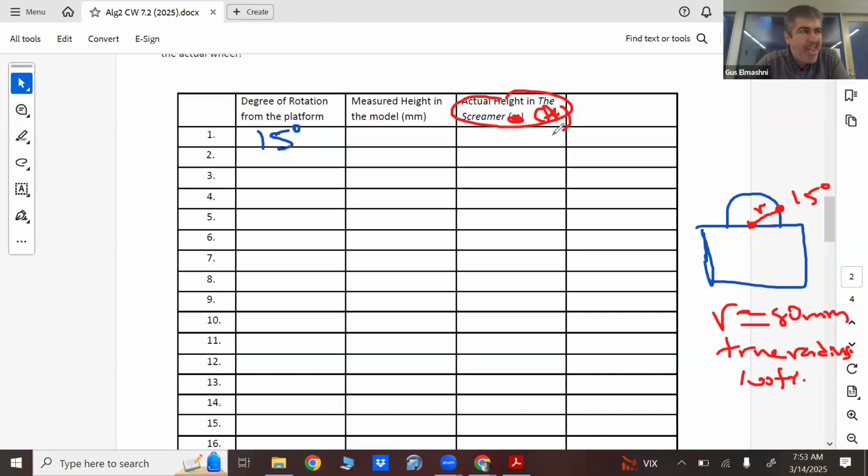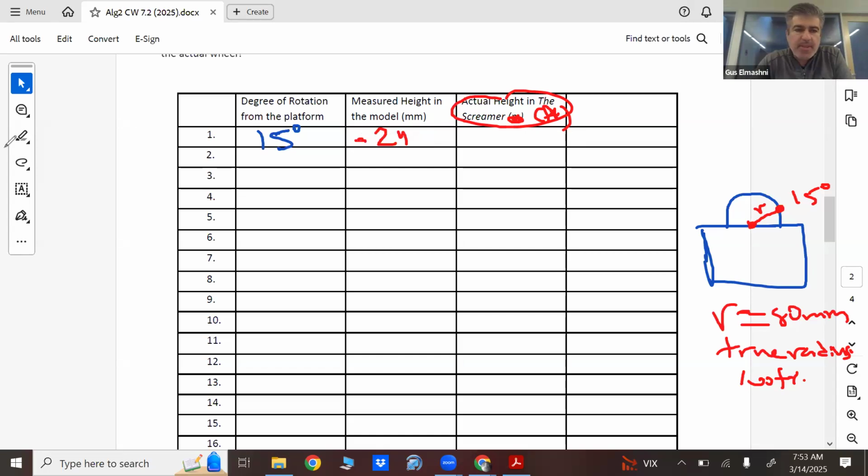Okay, when you measure it, I can't remember what it was. I think I'm going to kind of cheat here and use my calculator. Let's see here. Yeah, I think it was about 24 millimeters.